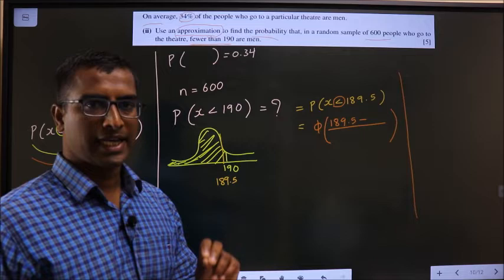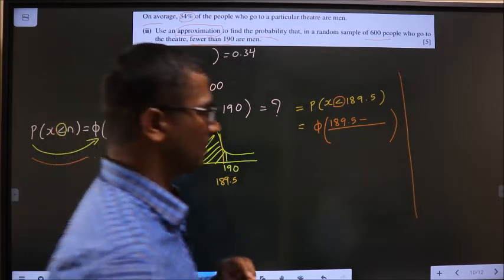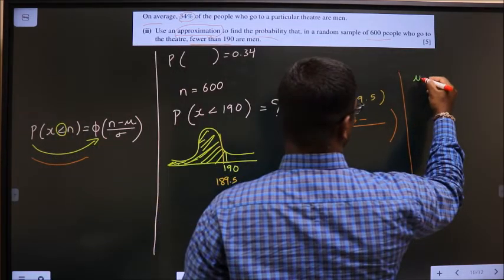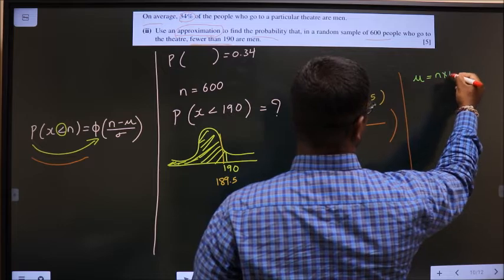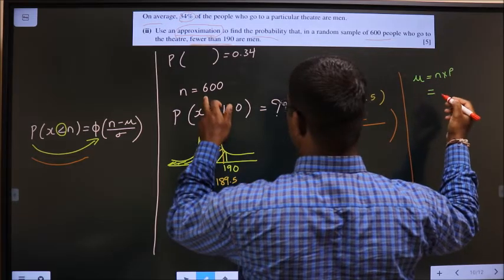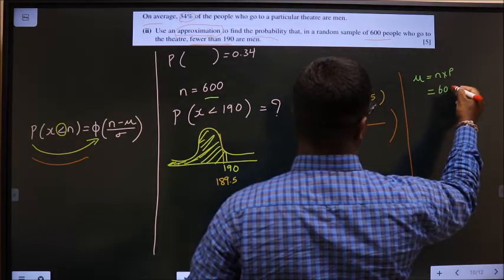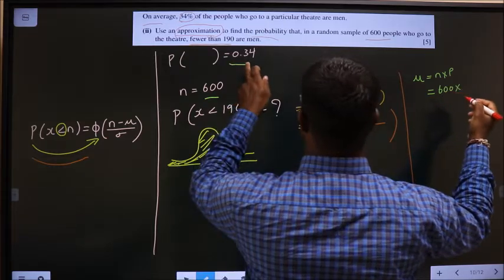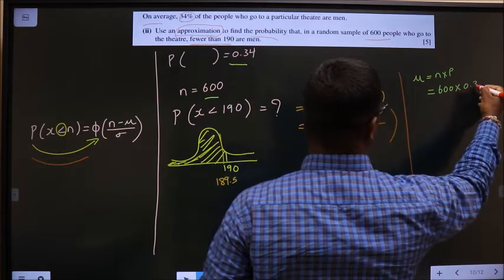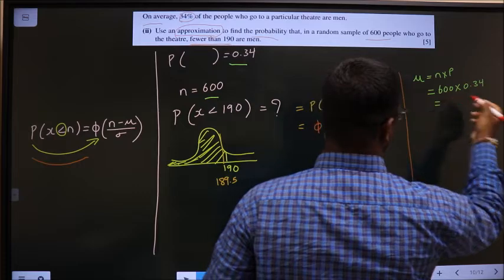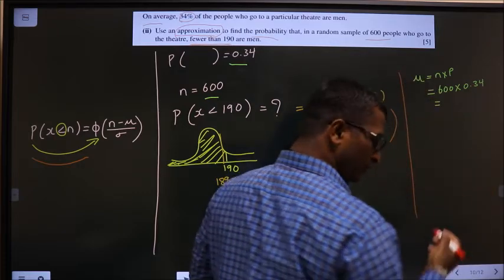So the formula for calculating mean is N into P. So N is 600 into P is 0.34. So that will be 204.